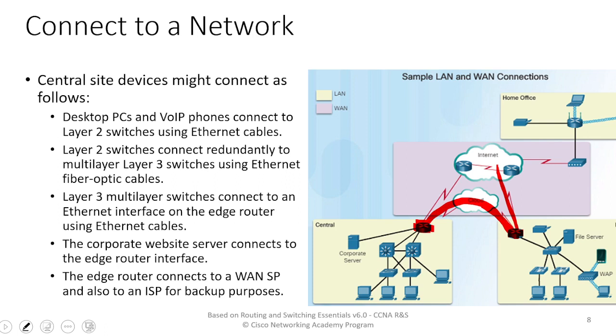We could have layer 3 multi-layer switches connecting in between, with a structure of redundant switches, so there's always a failover option. We could have additional corporate servers and other devices in the environment. And again, from here we can also have additional wide area network connections.